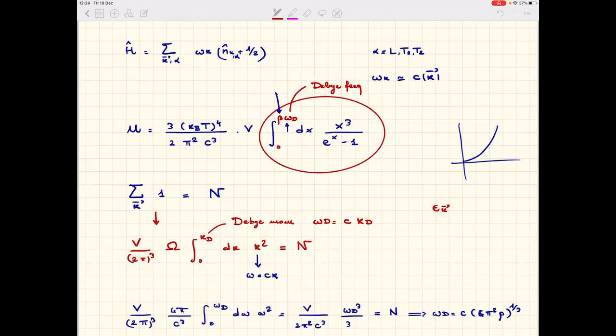So what is the first Brillouin zone? It is essentially counting how many k's you can have that fill that. So the total number of momenta that are allowed, that are sitting in the first Brillouin zone, is equal to the total number. No, sorry, I'm getting confused. Just a second.